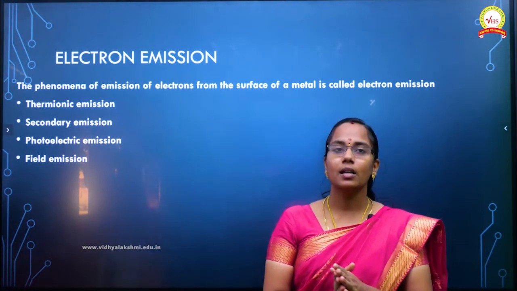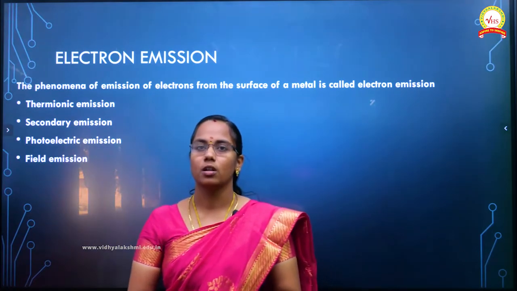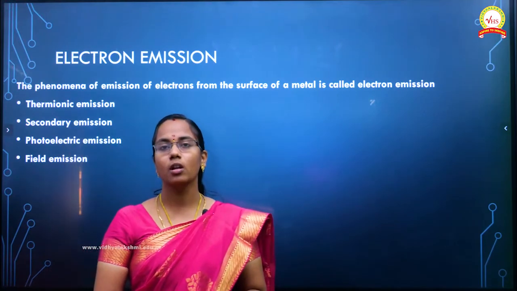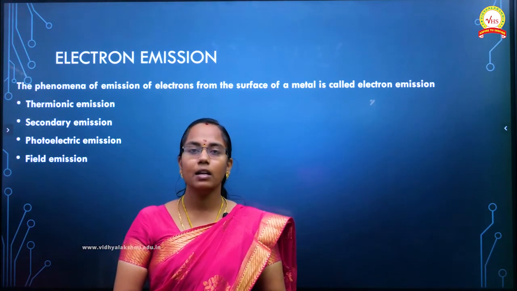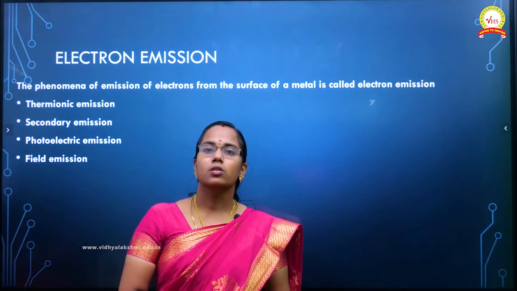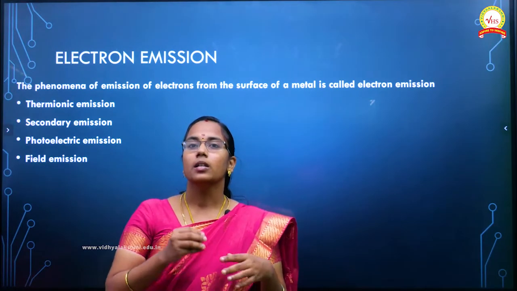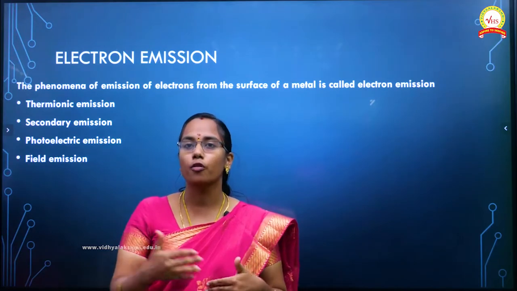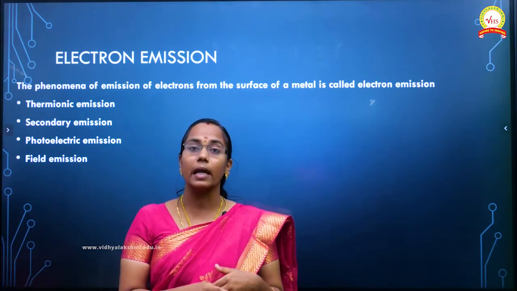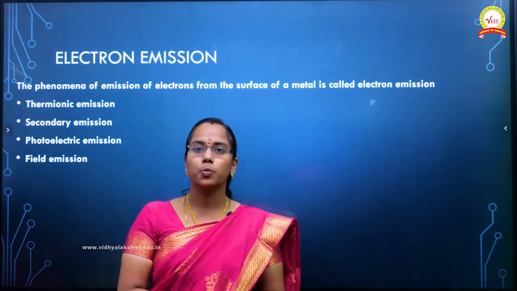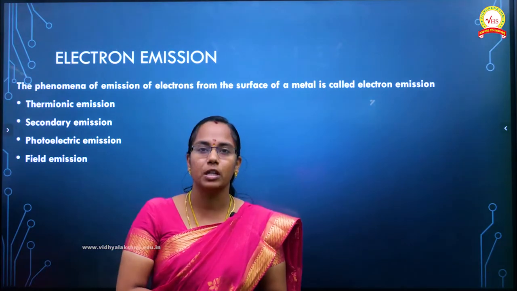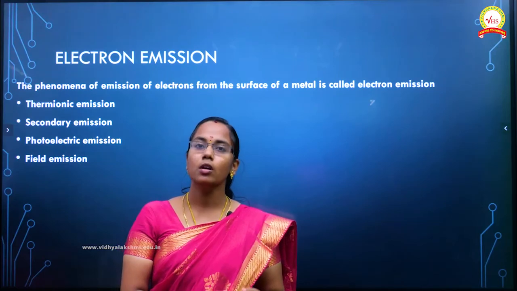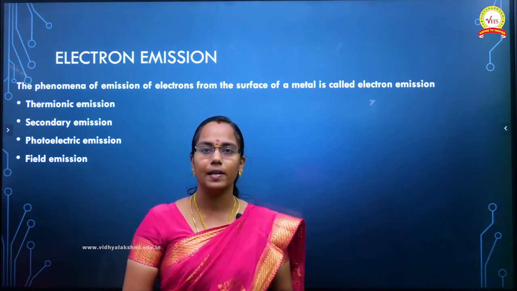There are 4 types of electron emission: thermionic emission, secondary emission, photoelectric emission and field emission. Once again, the process where electrons eject out of the metal surface is known as electron emission, and it can occur in 4 different ways: thermionic, secondary, photoelectric and field emission.